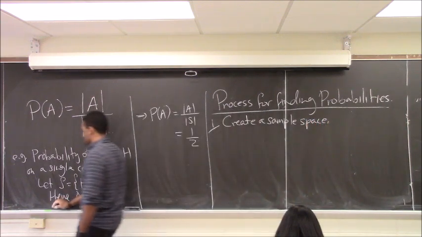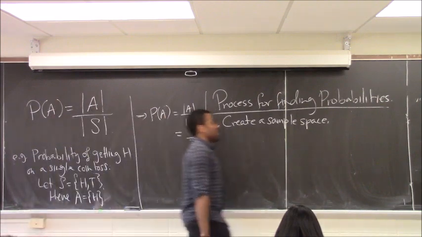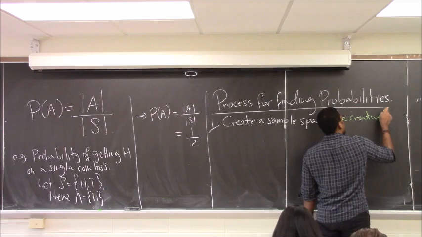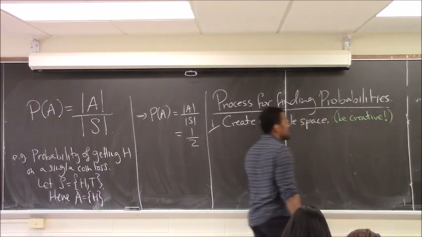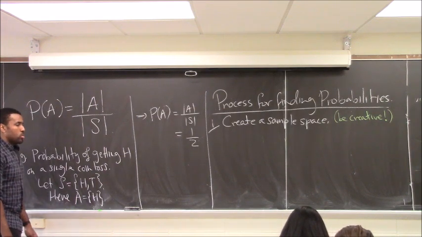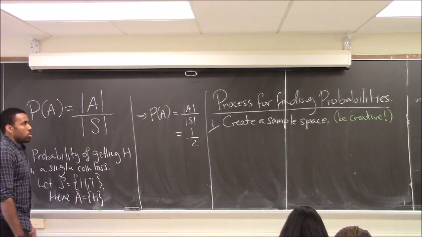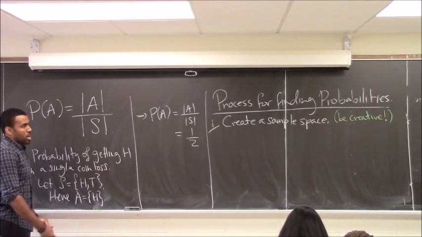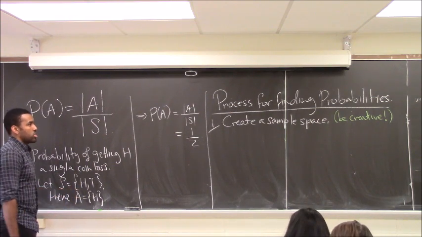And here is where you have to be creative. For the most part, the kind of examples we'll do, you'll learn that we tend to lay the problems out a certain way. But what I mean by being creative is that you want to envision what your set is going to look like.